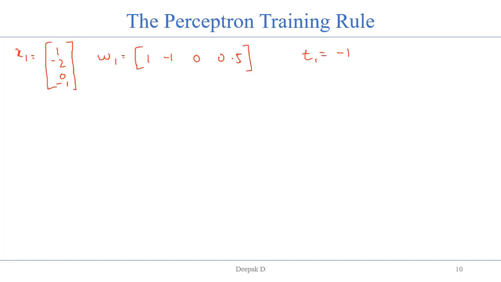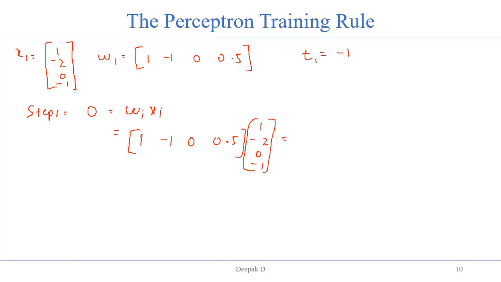So let's begin the problem by taking the first step. The first step is to compute the output. Here the output is equal to the sum of wi into xi. So what is wi here? wi is 1, -1, 0 and 0.5, which is multiplied with 1, -2, 0 and -1.